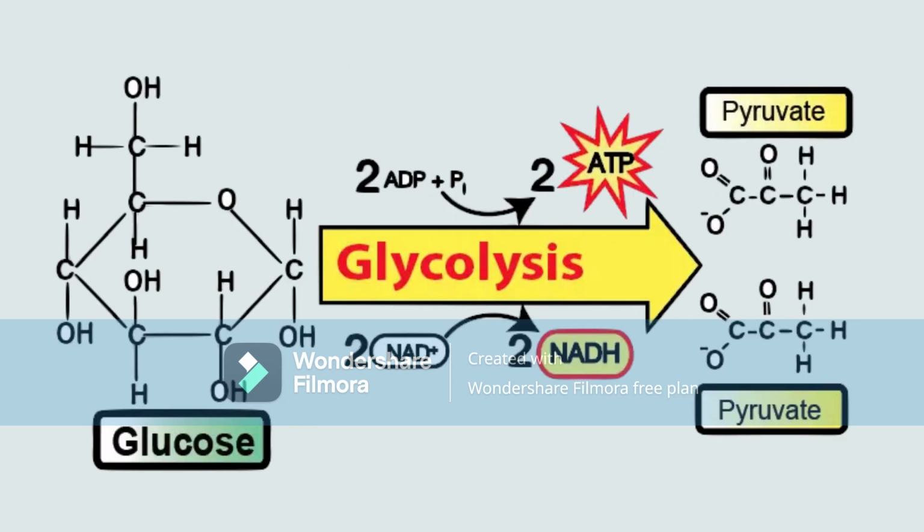Okay, so overall, glycolysis produces a net gain of 2 ATP molecules and 2 NADH molecules for each glucose molecule that is metabolized.